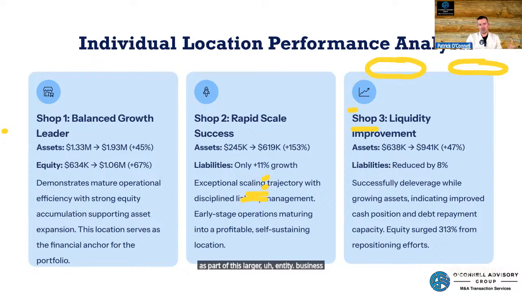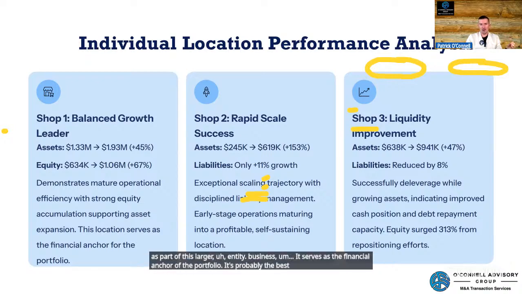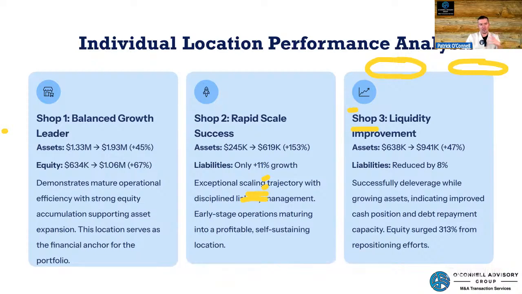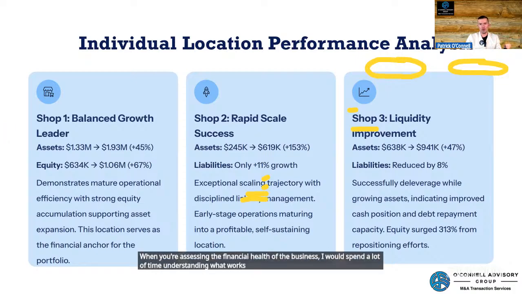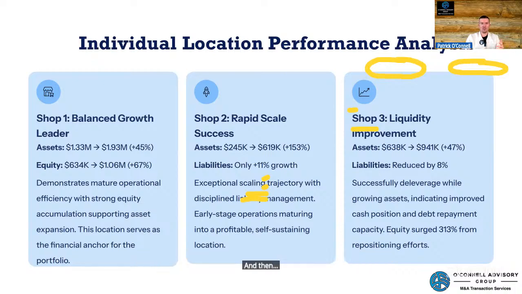It serves as the financial anchor of the portfolio. It's probably the best performing shop from a revenue and profitability standpoint. When you're assessing the financial health of the business, I would spend a lot of time understanding what works well for shop one, and how that can be used to scale up shop two and shop three.